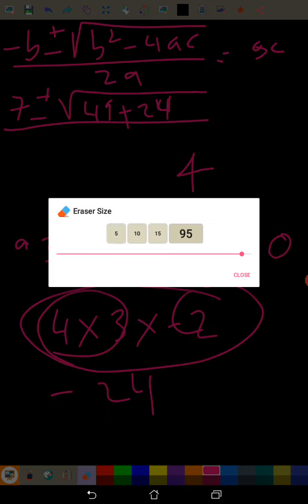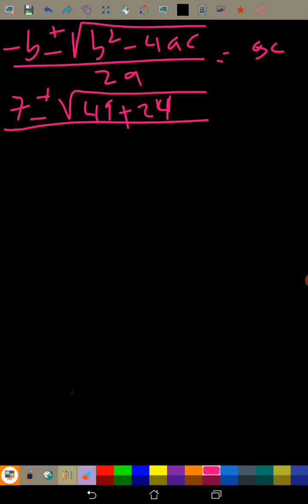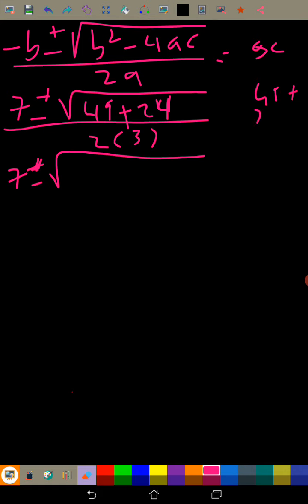And so this is done. 2a now, 2 times a. I forgot, a was 3, sorry. So we have 7 plus or minus the root of 49 plus 24, which gives us 73, divided by 6.